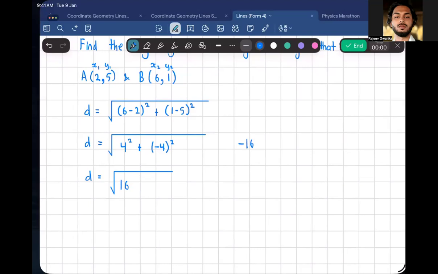Okay, how many of you think minus 4 squared should be 16? I think so. You think minus 4 squared should be 16? Yeah. I agree.